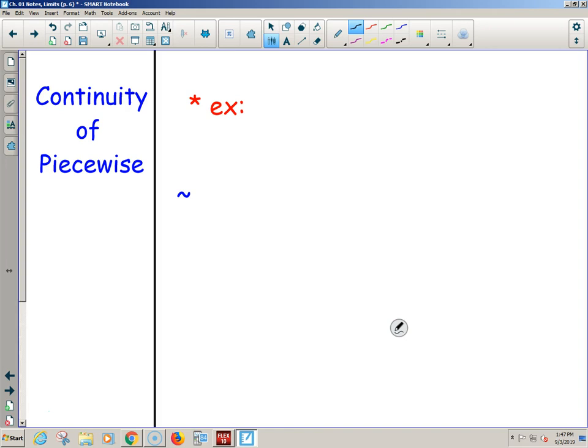This brings up the slight problem that when dealing with continuity and limits, piecewise functions appear, and we don't always like them. So let's do a couple of different examples.